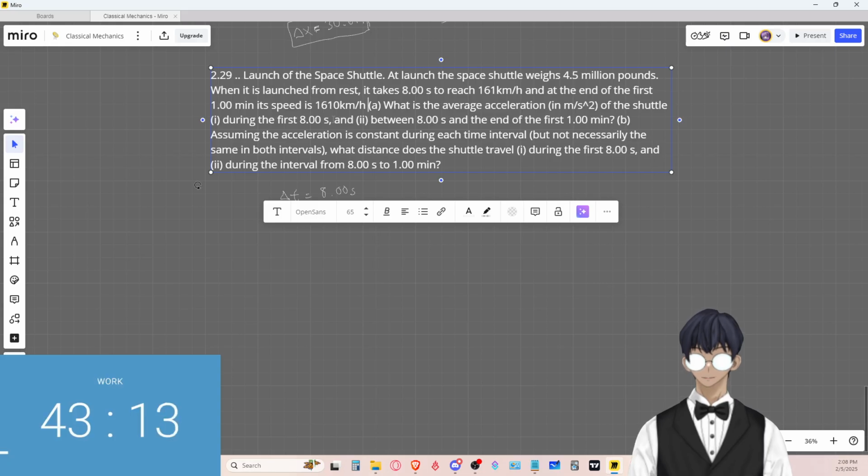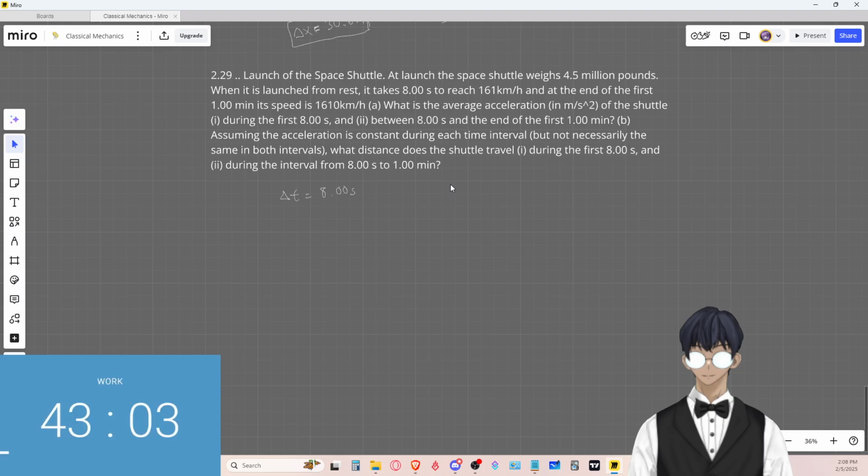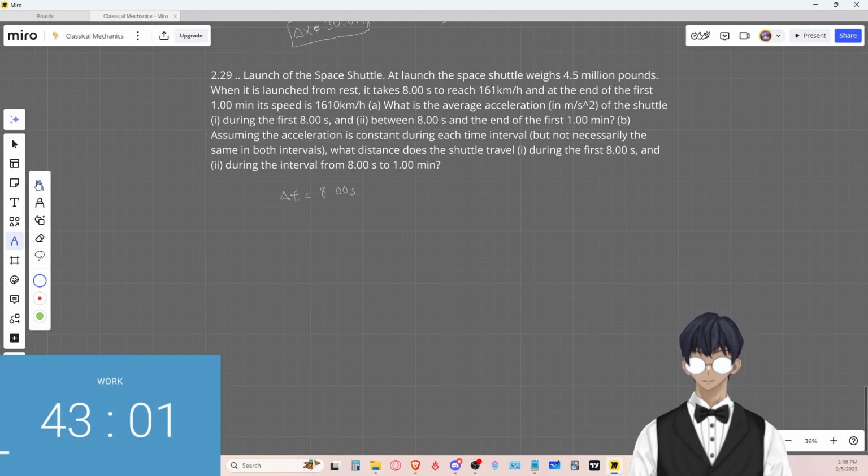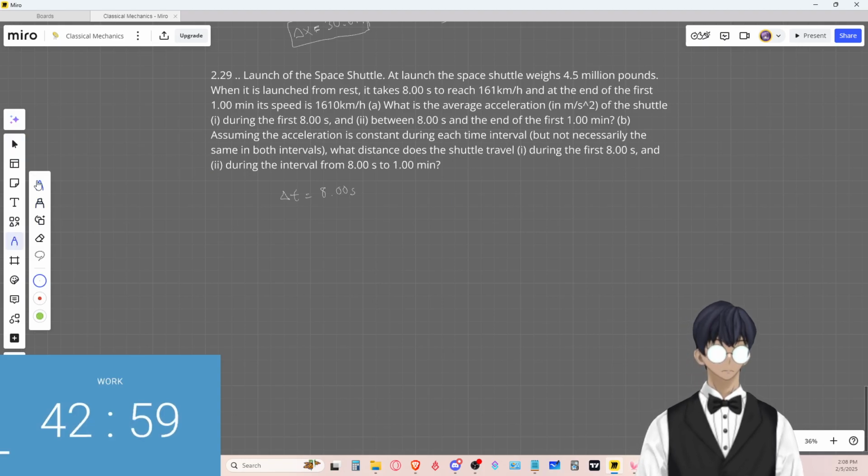What is the average acceleration in meters per second squared of the shuttle during the first 8 seconds, and between 8 seconds and the end of the first minute?